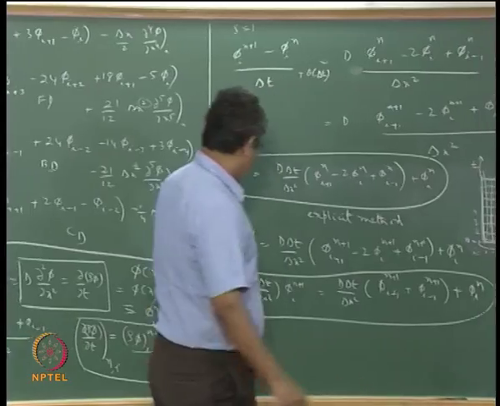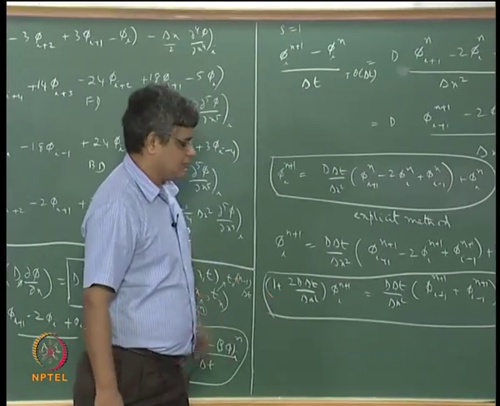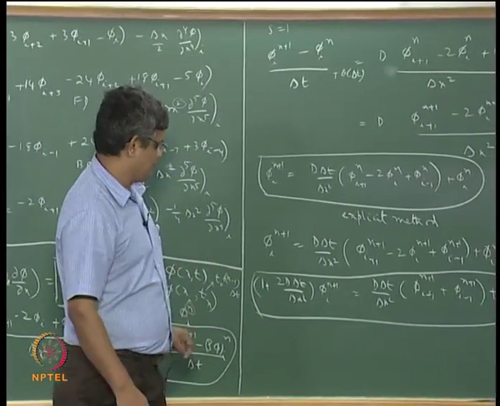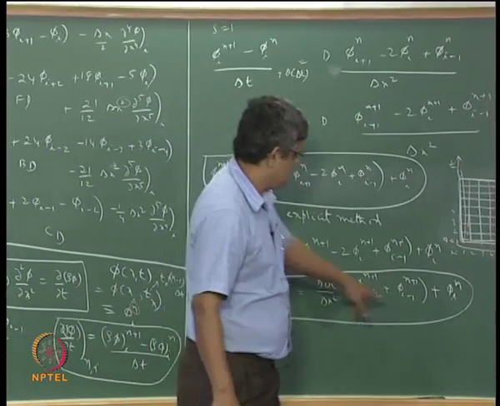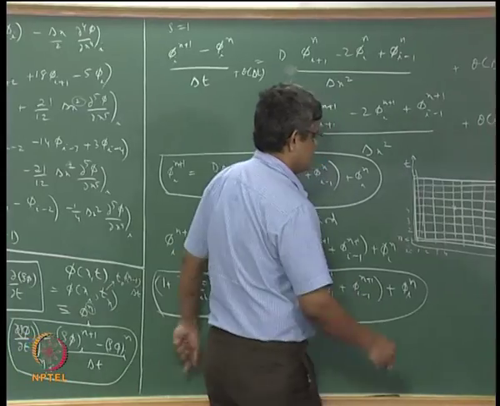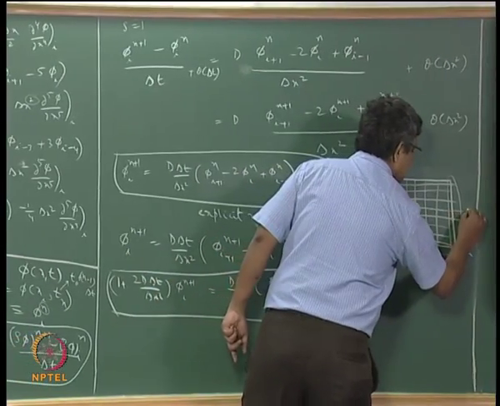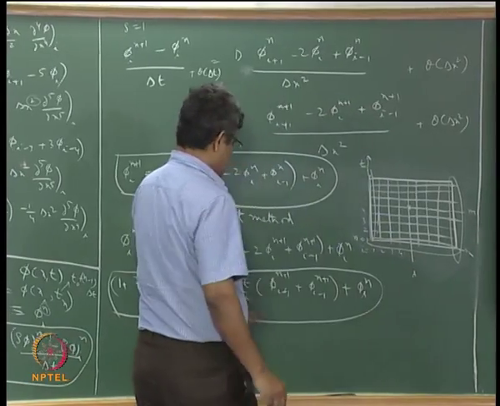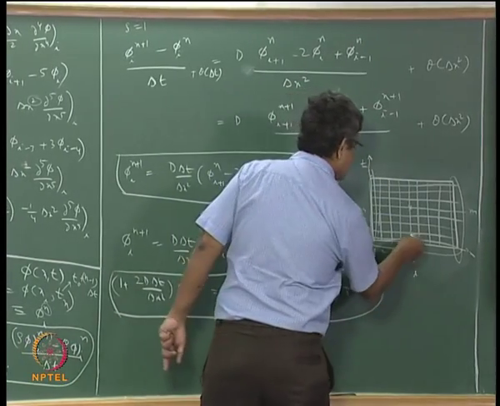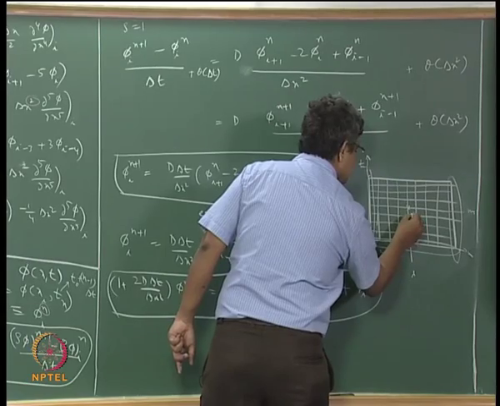So if you look at this particular molecule, computational molecule, which gives us the value of this is expressed in terms of phi I n. So this is our n plus 1 and this is our I. So phi I n is this one.